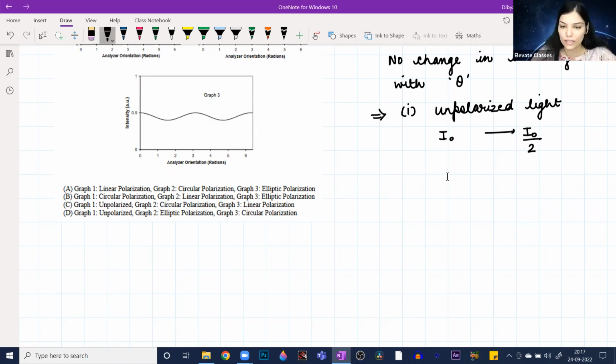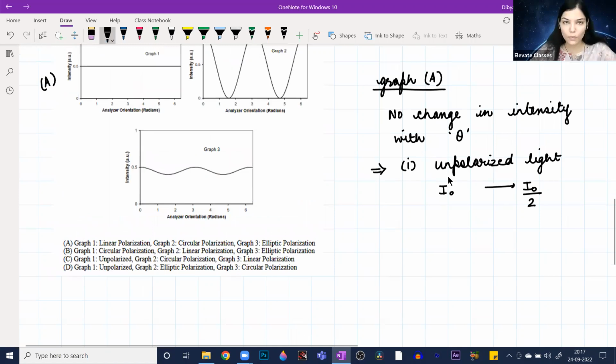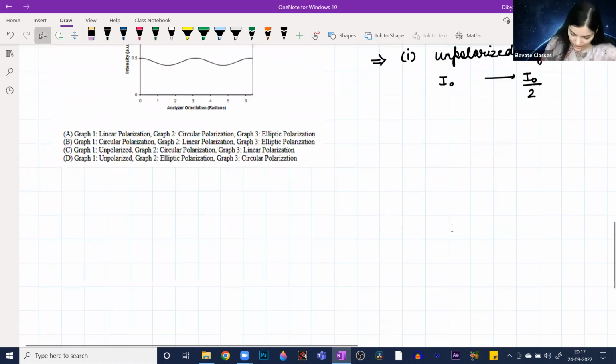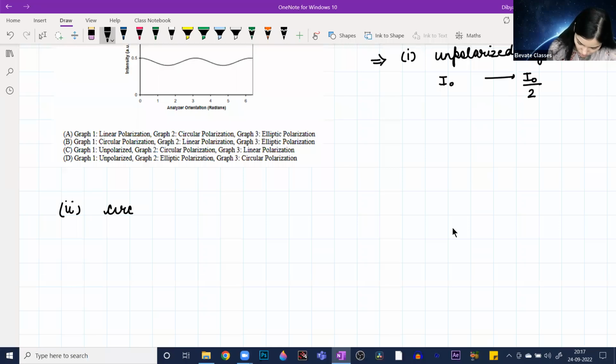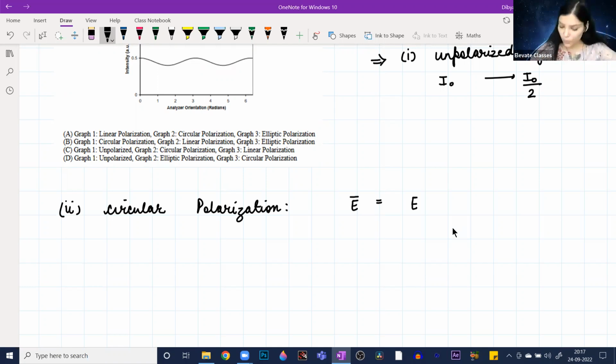Let us do it again. So first case तो हमें समझ आ गया कि unpolarized होना चाहिए, उसमें तो कोई डाउट नहीं है हमें. ठीक है. सेकेंड केस जो मैं बोल रही हूँ, दैट इज फॉर सर्कुलर पोलराइजेशन. So let me take that I have some electric field for a circularly polarized light.